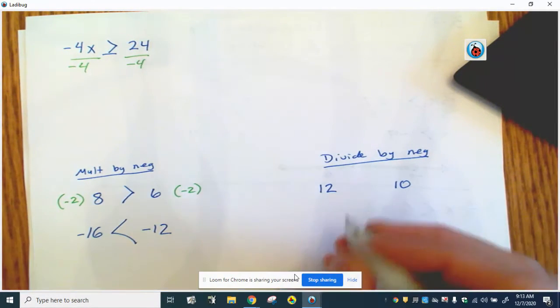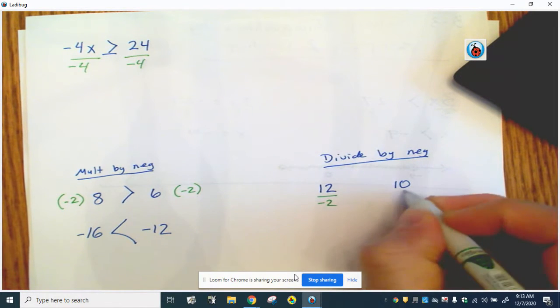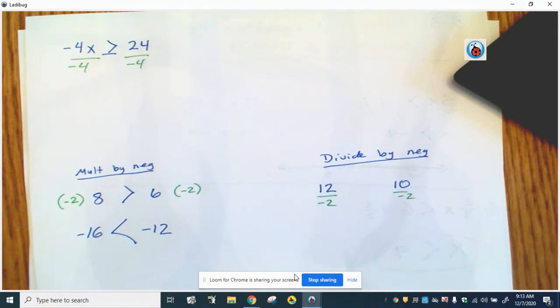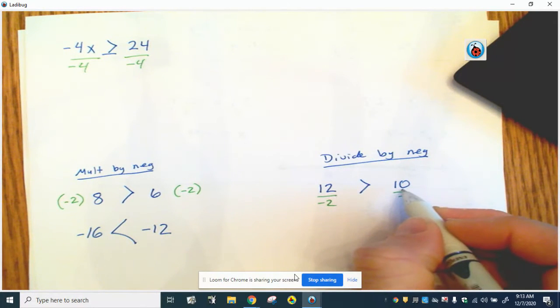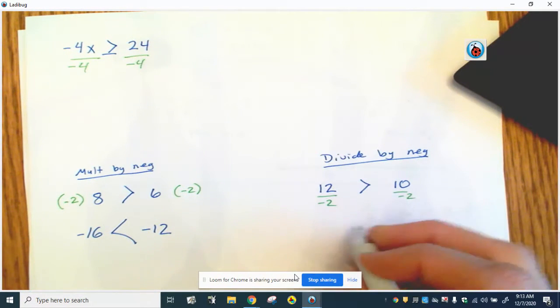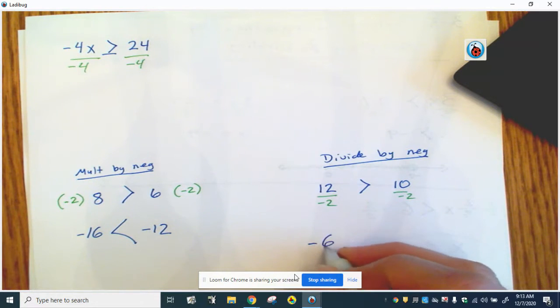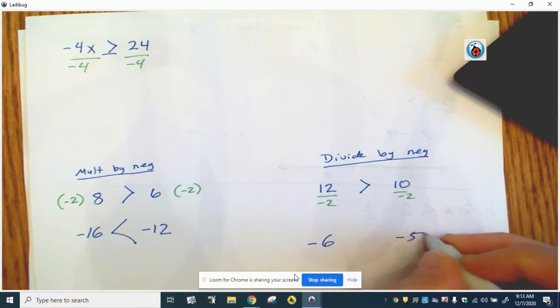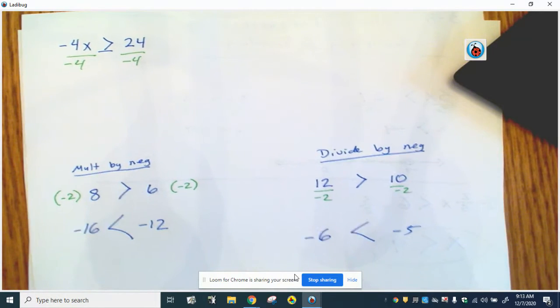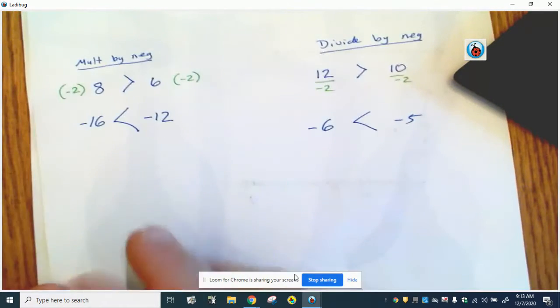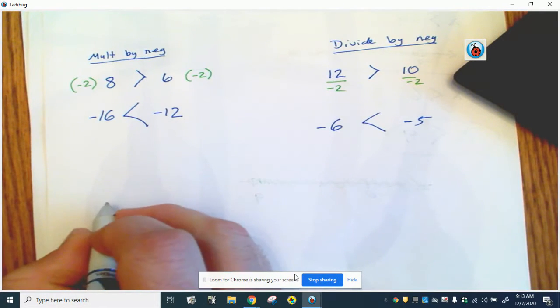The same thing holds true when you divide by a negative, okay? We know that 12 is bigger than 10, right? But if I divide by negative 2, so I get negative 6 and negative 5, well, now that negative 6 is less than the negative 5. So my signs have to switch. And the same thing holds true with negative numbers.